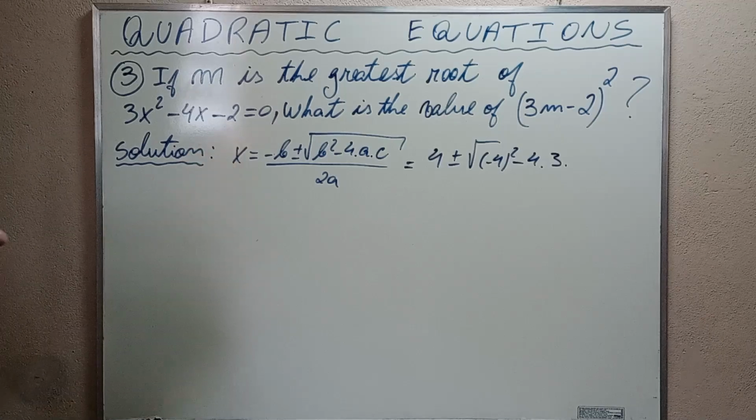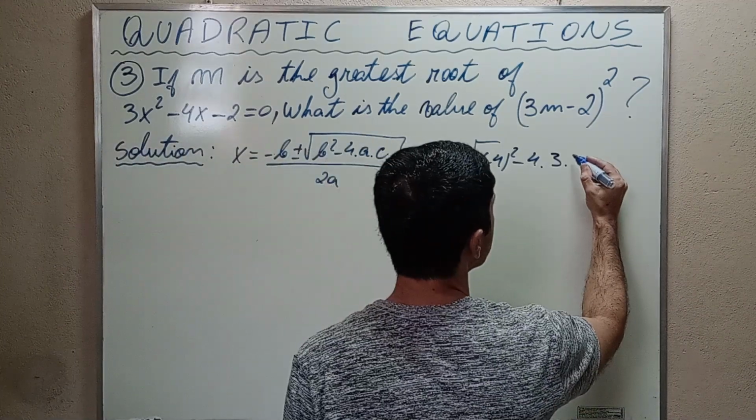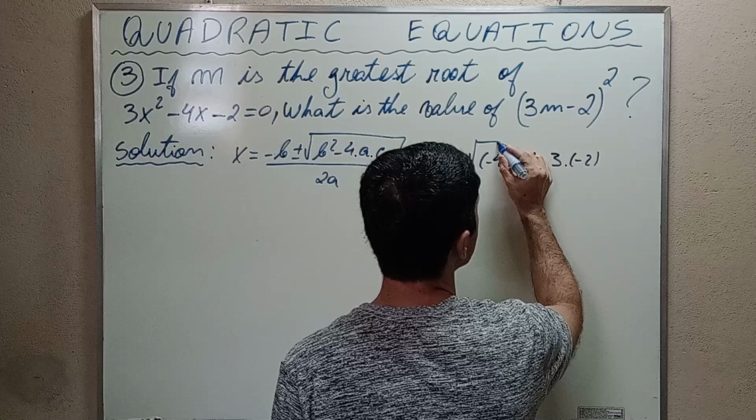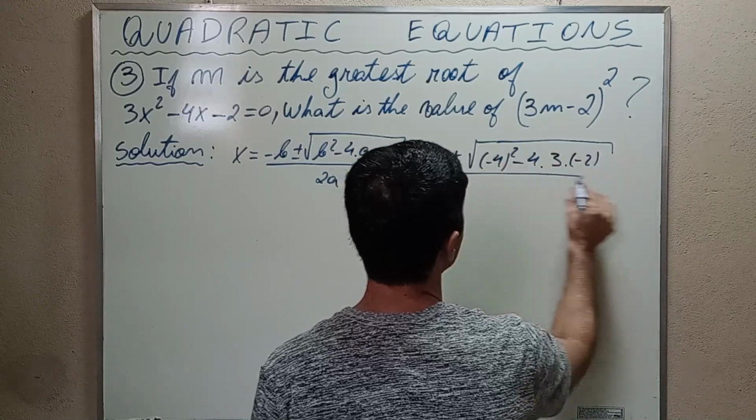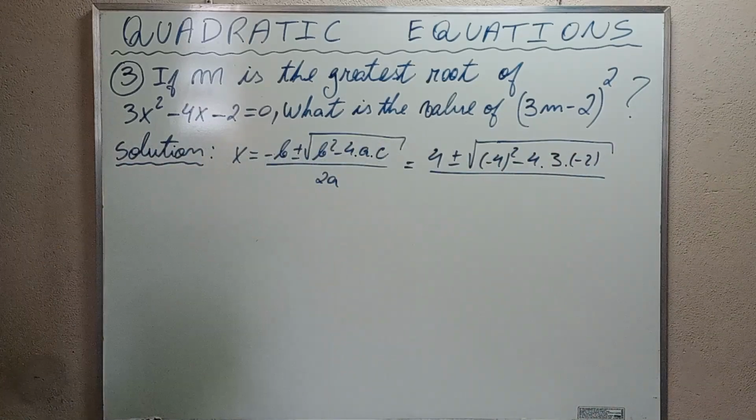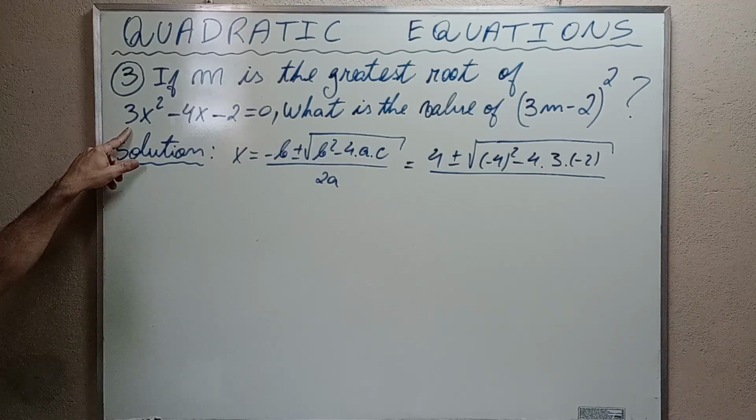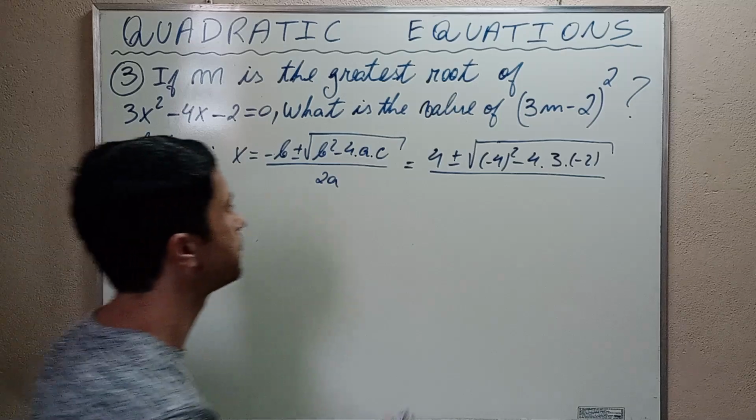Okay? c is negative 2. Divided by 2 times a. a is 3, 2 times 3 is 6.